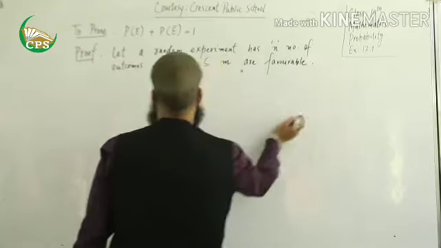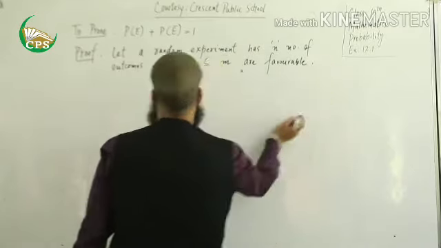Let me show you one example before this. We will understand this in a better way. Let us say a random experiment is throwing a die. So the sample space is 1, 2, 3, 4, 5, 6. Now let us say favorable outcome is prime number, so 2, 3, 5. Now pay attention. Therefore, what is the number of favorable outcomes?